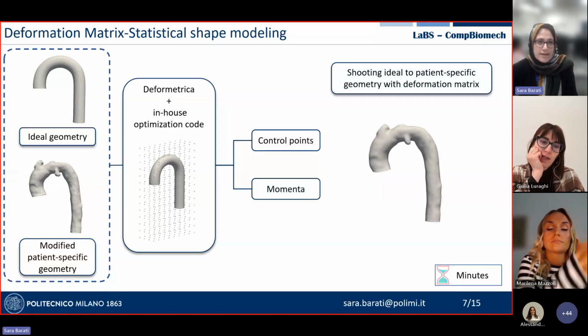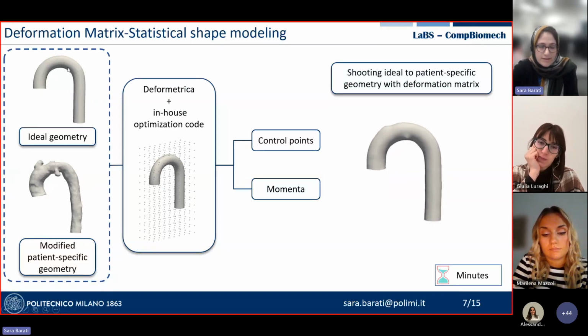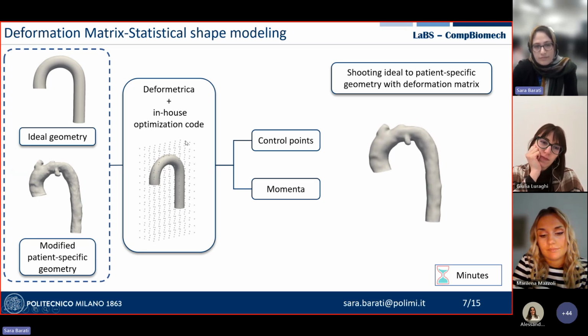So for this, we have the idealized geometry and the patient-specific geometry. We use the Deformetrica registration and some in-house optimization code to evaluate, using the initial control points around the ideal geometry.